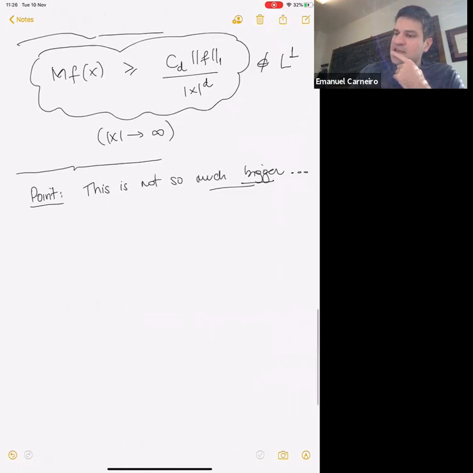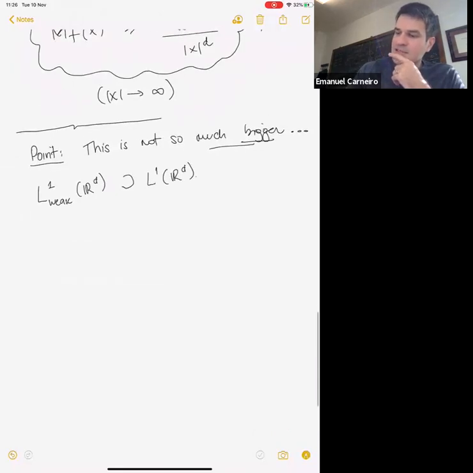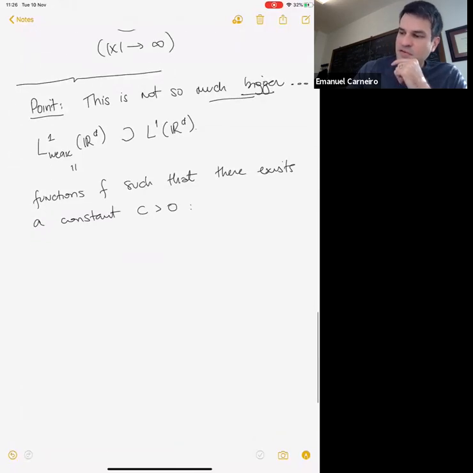Okay, so we have seen this space that I called L1 weak space. This was a space that contained L1, was a little bit bigger. And this is the space of functions f such that there exists a constant c bigger than 0 for which the estimate holds.